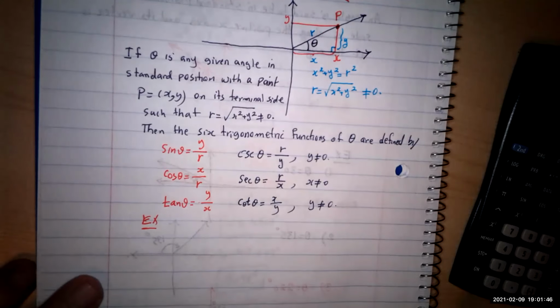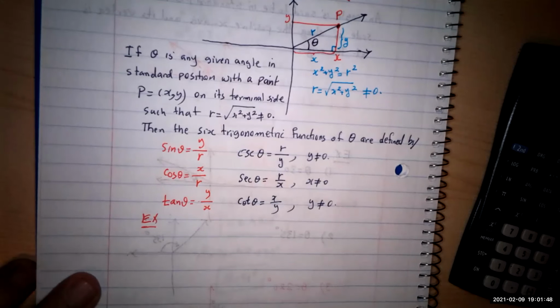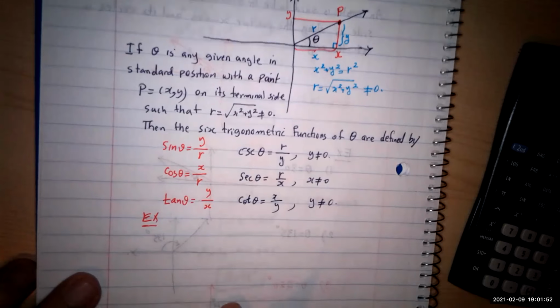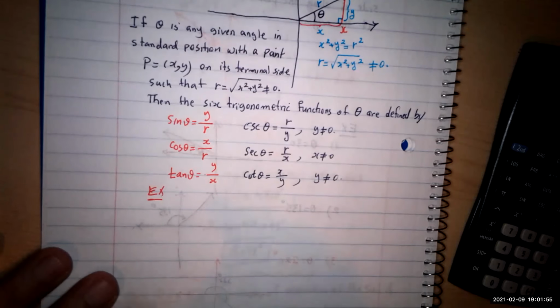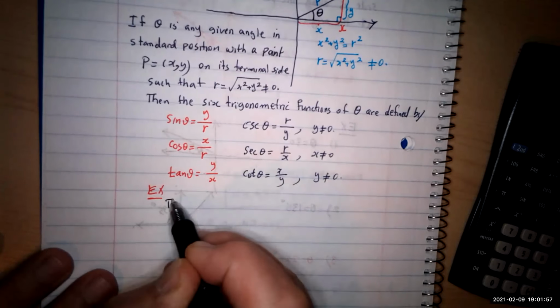So that's it. One point would be given, and then they ask for it. They give you the instruction.